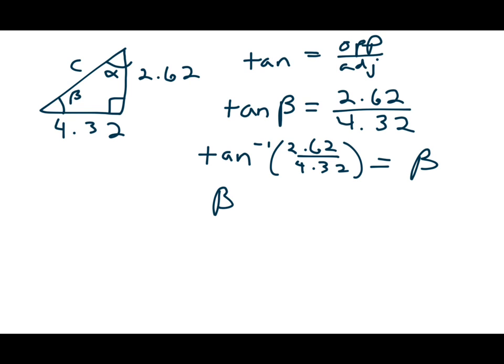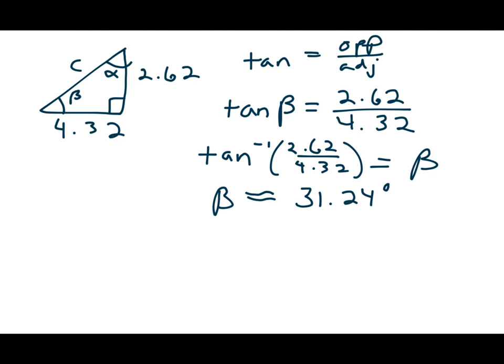Okay, so then if we want to find beta, if we do the tan inverse, that changes this around and tells you beta. So this gives me beta to be approximately, using the calculator, tan inverse of 2.62 divided by 4.32, which is approximately 31.24 degrees. Okay.